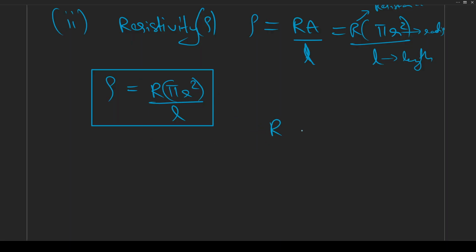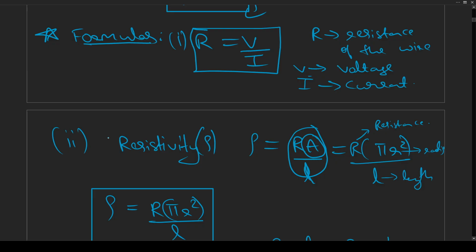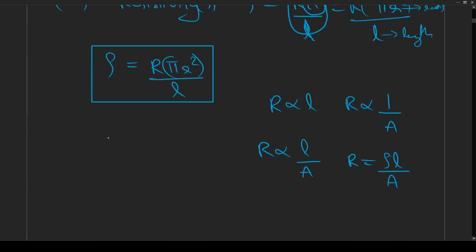R is directly proportional to length and inversely proportional to area of cross section. Combining that, we get R is proportional to L by A, and introducing a constant, R equals rho L by A, where rho is known as resistivity. Shifting it, we get this equation, and we know the area of cross section of the wire is pi r square, so we substitute it here. So both the formulas are easy to derive and easy to remember.